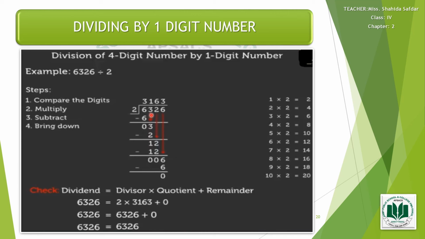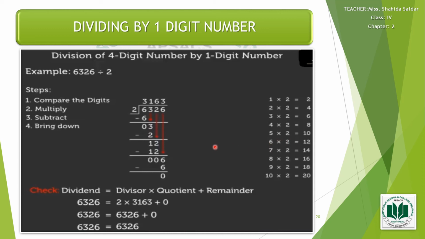Again we bring 2, which is at the tens place, down. Now the number becomes 12. Now we will see in the table of 2 where 12 comes. That is, 12 comes when we multiply 6 by 2.